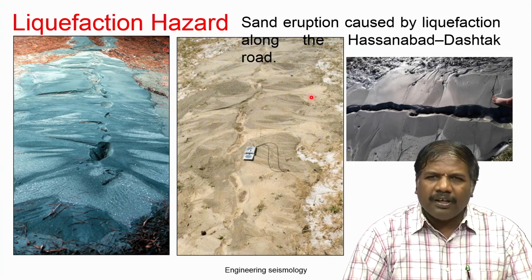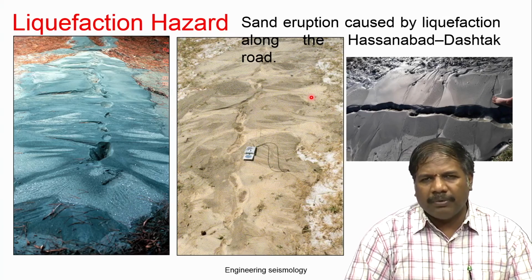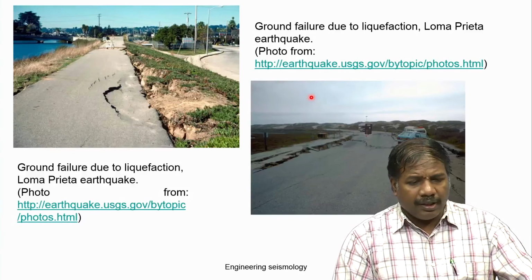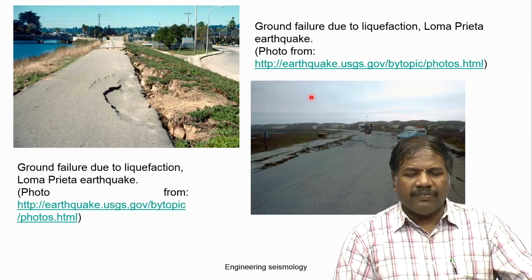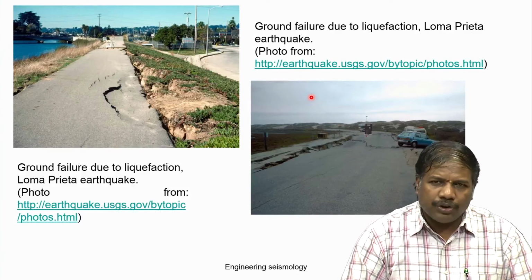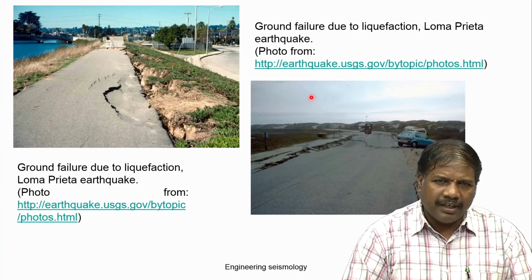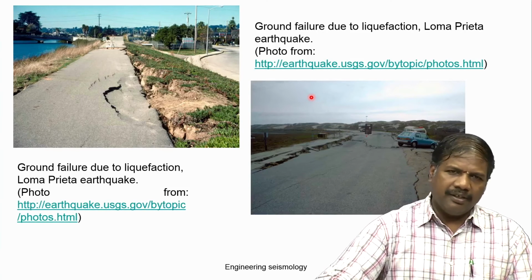The understanding of liquefaction is very important, and this hazard also causes a lot of damage. This has been noticed in several older earthquakes, where it caused a lot of failure in dams, houses and all. This is a typical case where liquefaction caused the dam embankment to fail. Okay, an earthen embankment to fail.